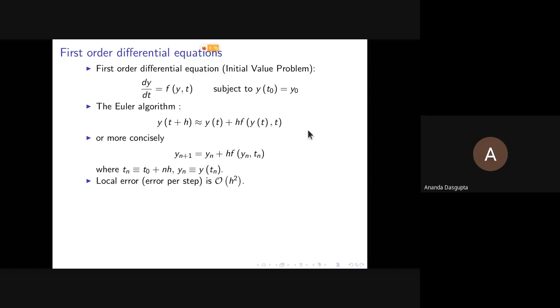And since you're ignoring the h square by 2 term, which would have come here in the Taylor series, the local error, which is the error that you are incurring in every step, is order h square.